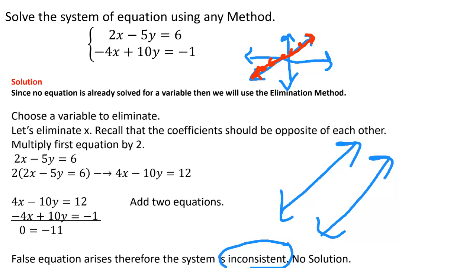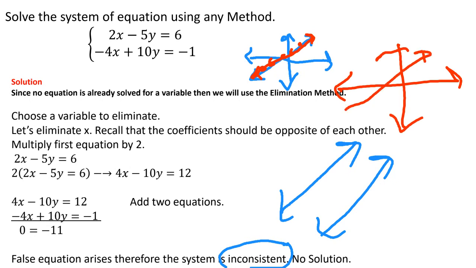That's why we say that there are infinitely many solutions, and we say it's a dependent system. And then if we are graphing the other lines, we have a red line here, and then we have a blue one, then this would be one solution, and that's a consistent system.